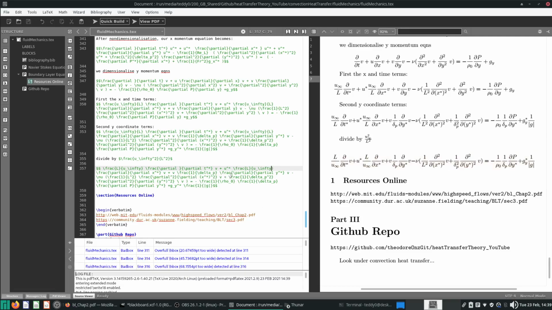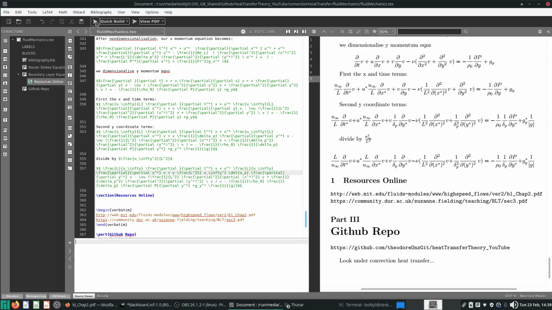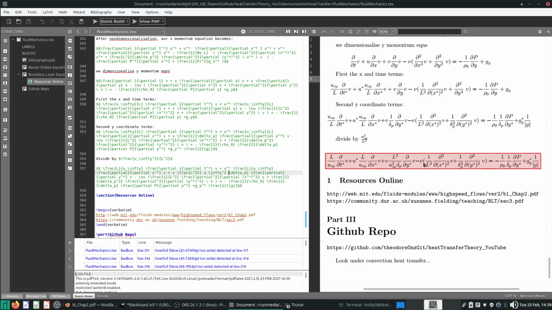So let's do L squared over U infinity squared on the outside over here. So we'll just do it very carefully as far as possible.